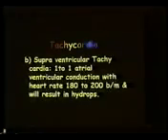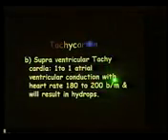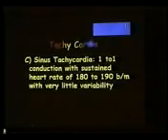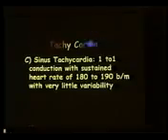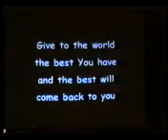Then we have supraventricular tachycardia, with one-to-one atrioventricular conduction and a heart rate of 180 to 200 beats per minute. So you have to do your M-mode and make the measurement. And then we have sinus tachycardia, one-to-one conduction, with a sustained heart rate of 180 to 190 beats per minute with very little variability. These are the ways to make the diagnosis of bradycardia, tachycardia, and of course ventricular tachycardia.